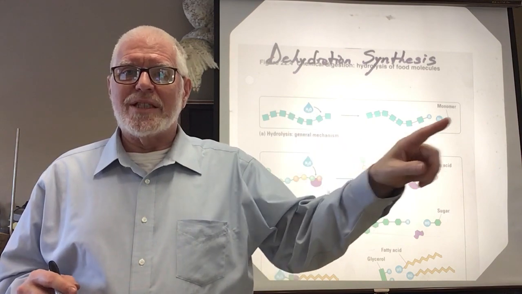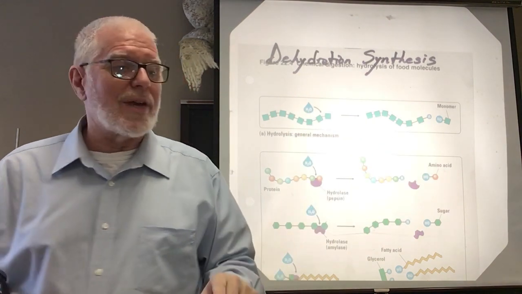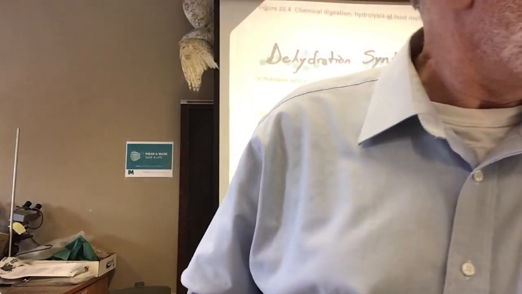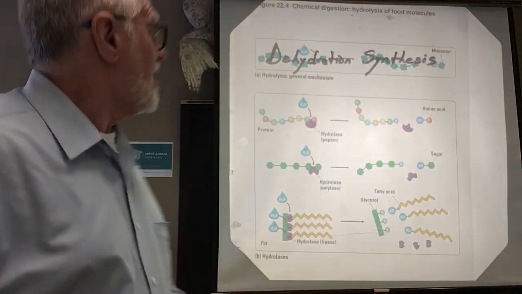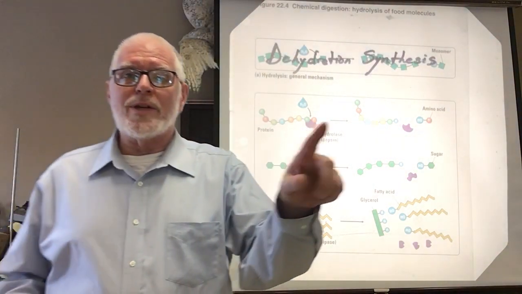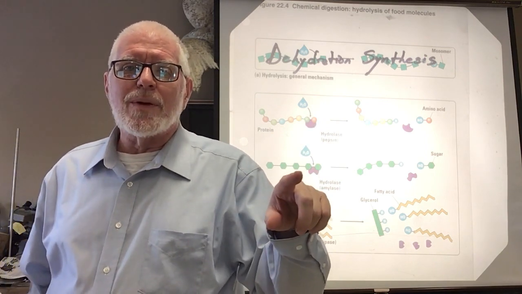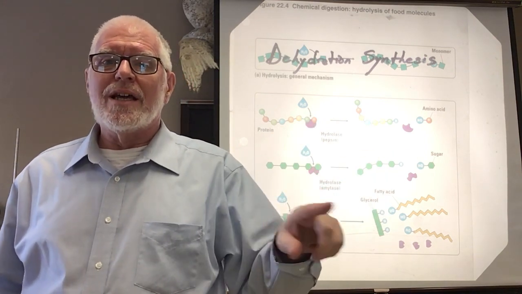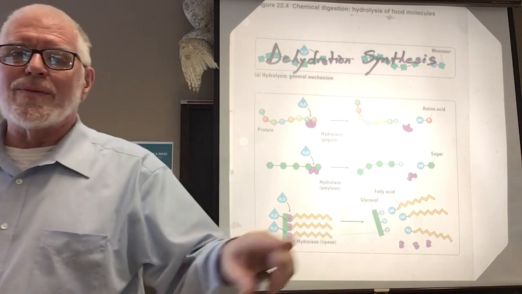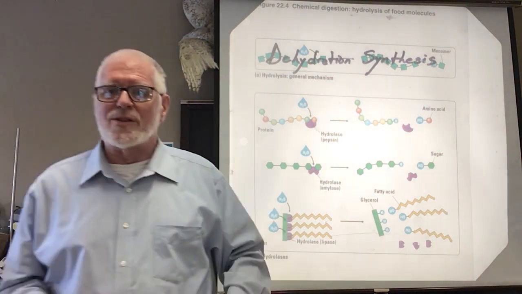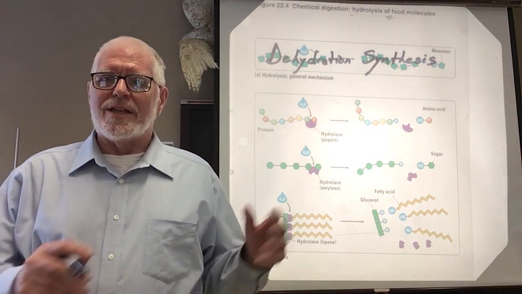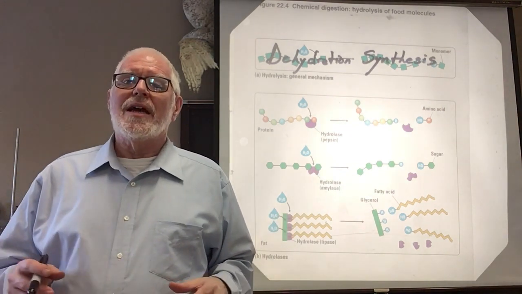Water goes in, piece comes off, whether you're doing it with proteins, pulling amino acids off, whether you're doing it with a string of carbohydrates, whether you're doing it with lipids. Those are all things that'll come up in the process of this chapter.